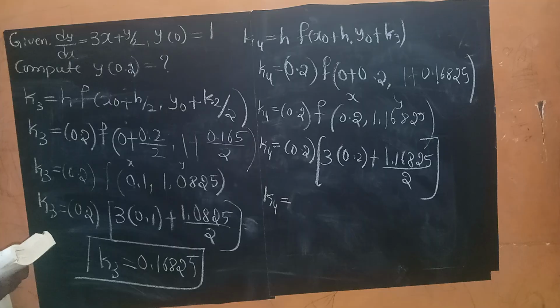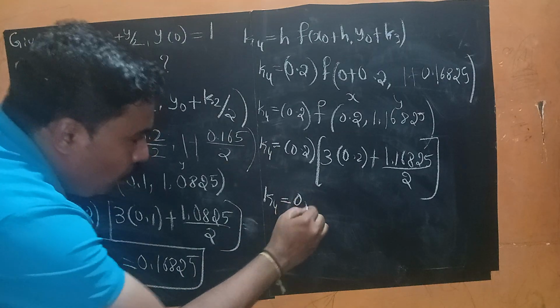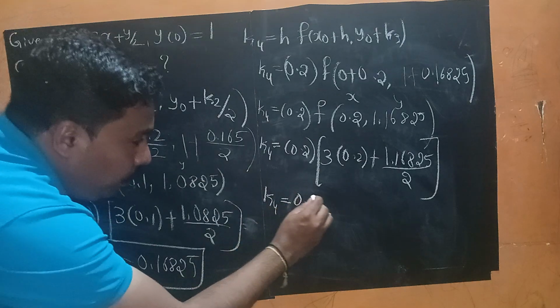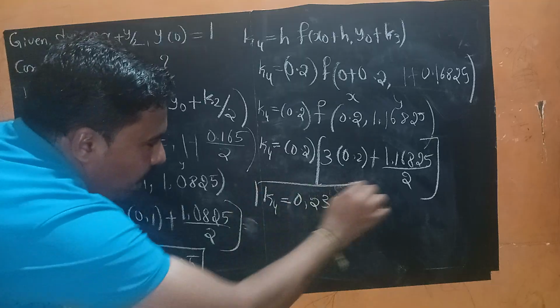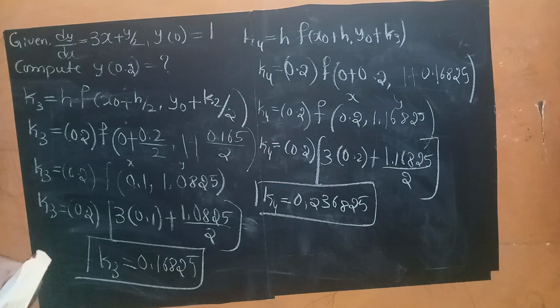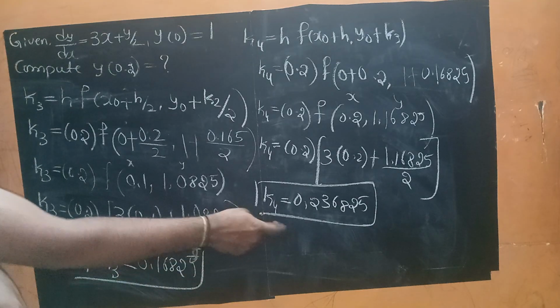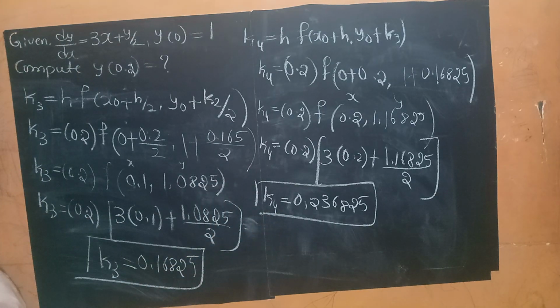So K4 answer is 0.236825. Here I am writing directly from the book because I do not have time to use the calculator. You people use a scientific calculator or normal calculator and simplify it. So K4 value you will get.